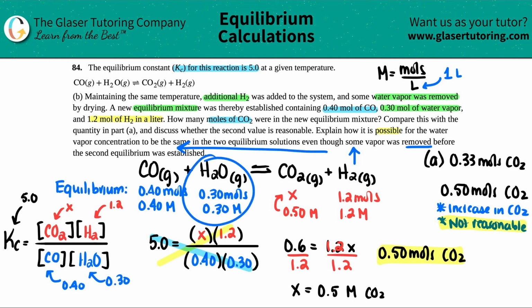And what's going to happen with H2? Oh, yeah, it's going to rise. So that's how it's possible to gain it back. It said that some water vapor was removed by drying, but since we're predominantly going in the reverse direction, you're going to increase your H2O. And that's why your water vapor is going to be the same. So hopefully that makes sense.